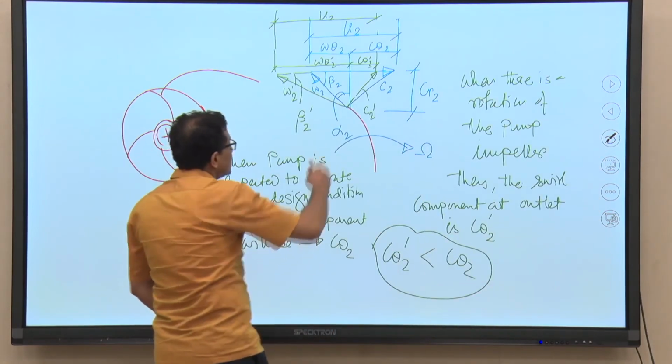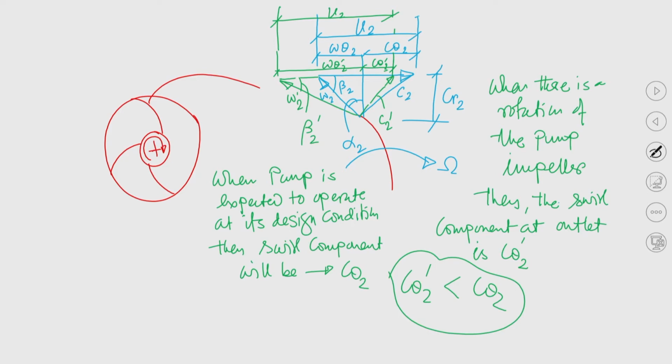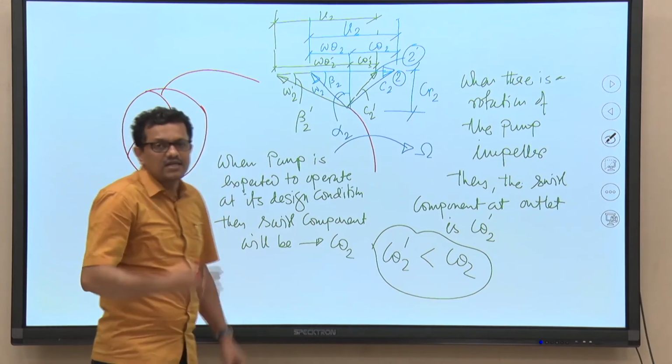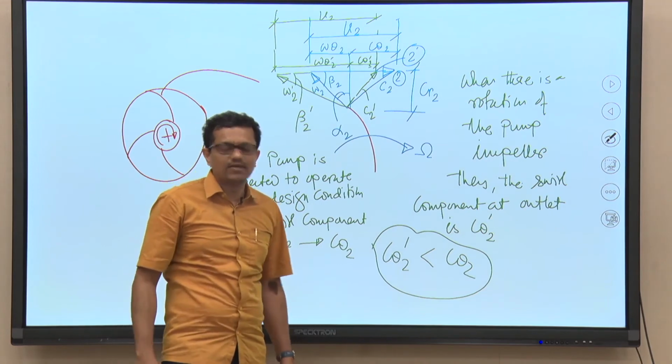We are getting a shift of the absolute component of velocity from point 2 to point 2 prime, right. Similarly, the relative velocity of the flow leaving the pump impeller will now shift from 2 to 2 prime, right. Because of this shift we are getting a diminished swirl component of velocity at the outlet, which in turn will result in a reduction in the head that will be developed by the pump.